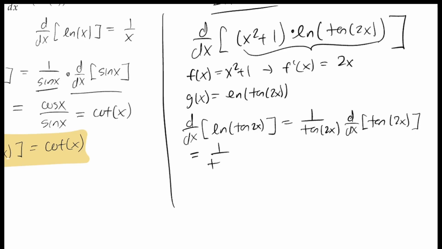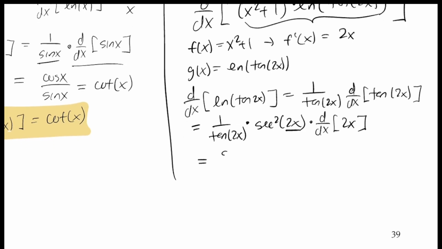That is going to give us secant squared 2x. But we've got to do chain rule again because now we have an inside that looks like 2x. So the last layer of chain rule is 2x. And so secant squared 2x over tan 2x times 2. And so rather than write it like that, I'm going to go ahead and bring this up like this. Okay? And so this is my g prime.